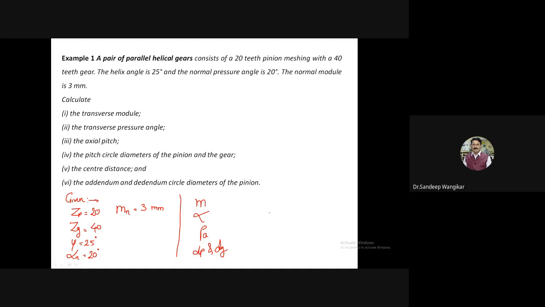Then I have to calculate the addendum and dedendum circle diameters DA and DF, and also the center distance. So these are the different things that you have to calculate. Now write down what is given and what we have to calculate. Then we will start one by one. All formulas are with us. We will go slowly with all formulas and complete it.